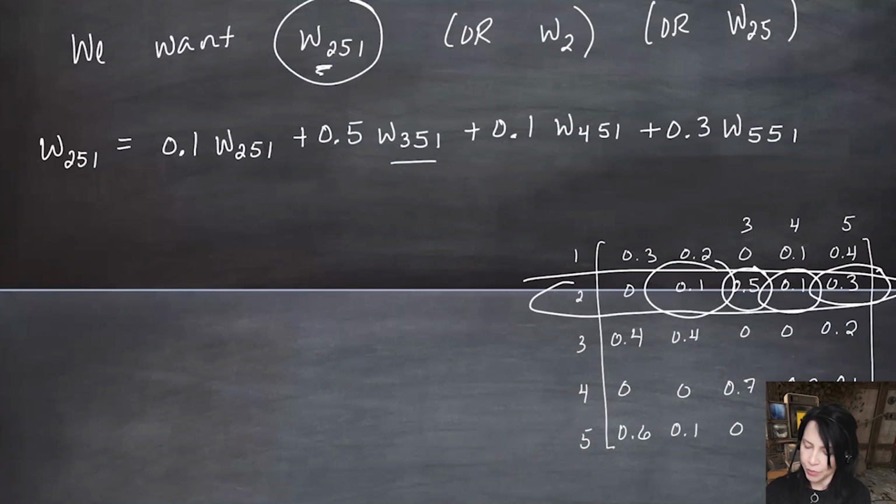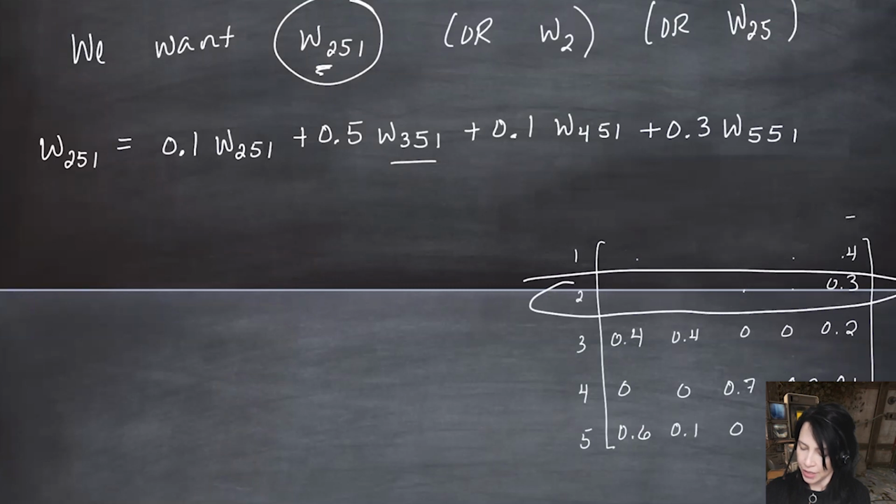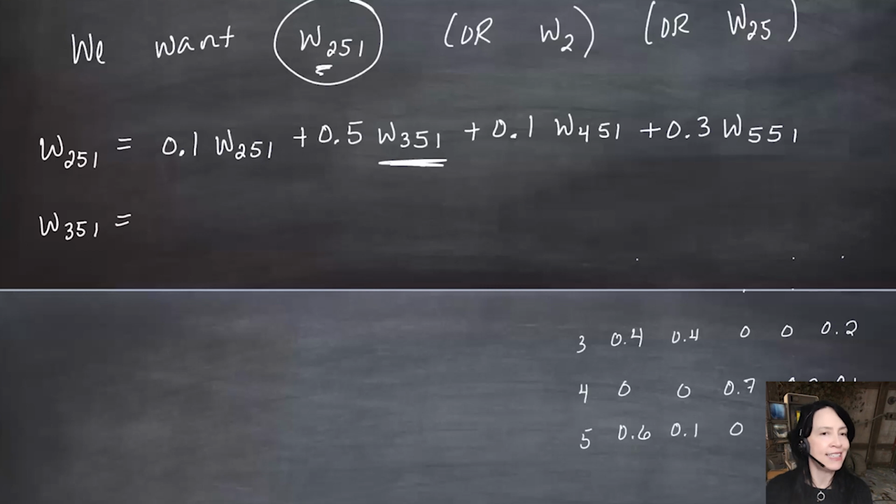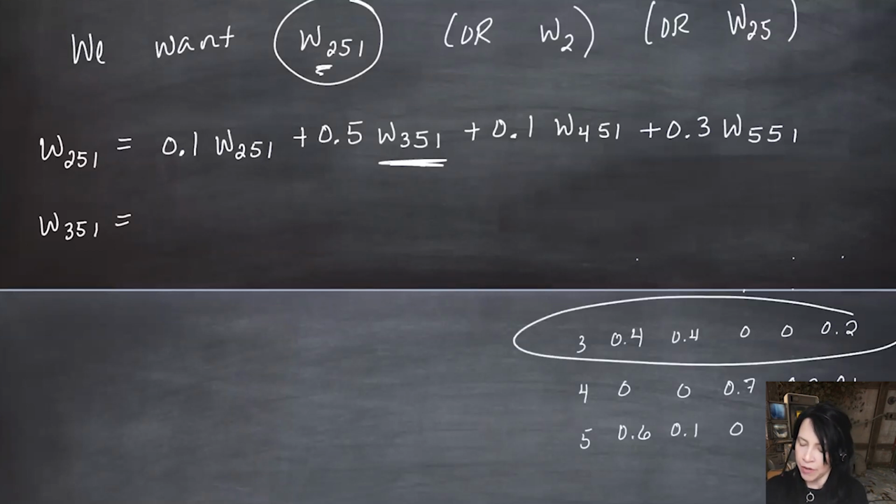Okay, so to make some room here, I'm going to sort of get rid of the top of this matrix. Okay, I need an equation for W351. Starting at 3, I want to count the number of hits on 5 when my stopping criterion is I hit state 1. So I'm looking at the 3 row of the matrix. With probability 0.4, I have hit state 1.